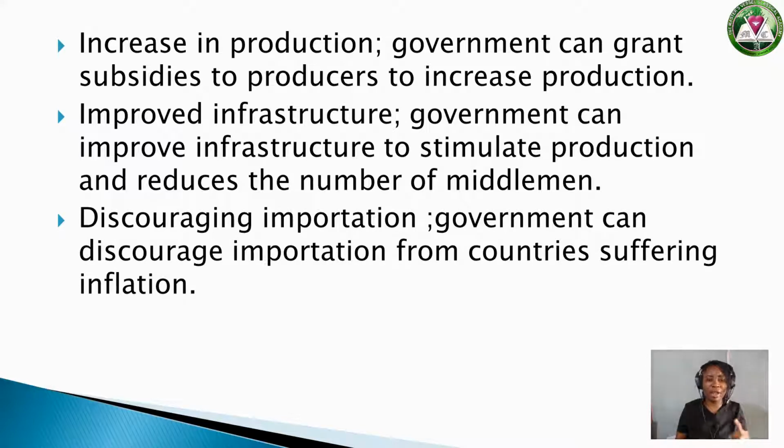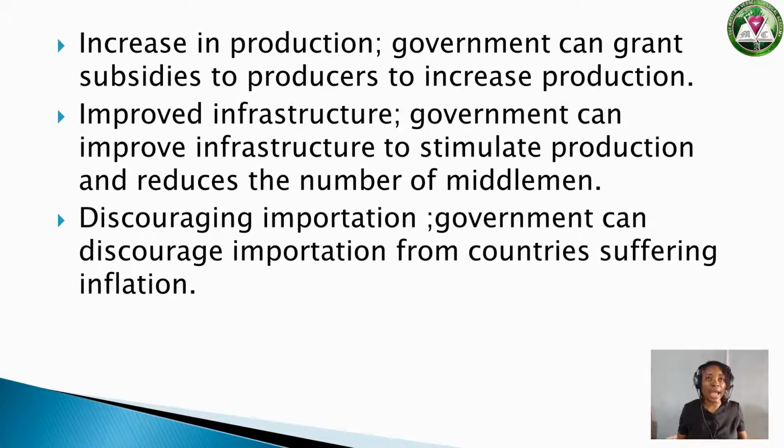So we have another one, improved infrastructure. If the government can construct more roads, give us good roads, electricity, health centers, and the rest of them, it will stimulate production. And this will reduce the number of middlemen. Why do we have so many middlemen coming into play? It is because the roads are not good.